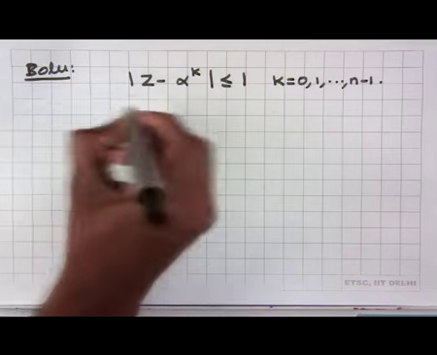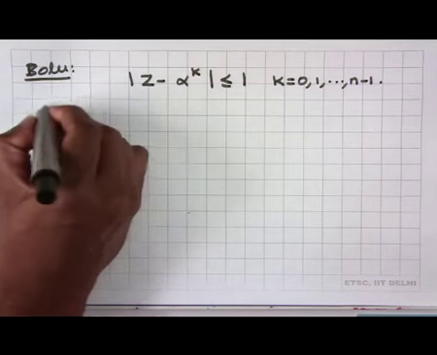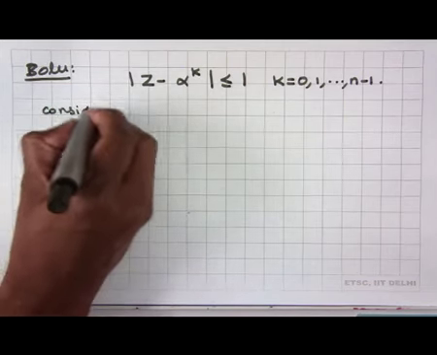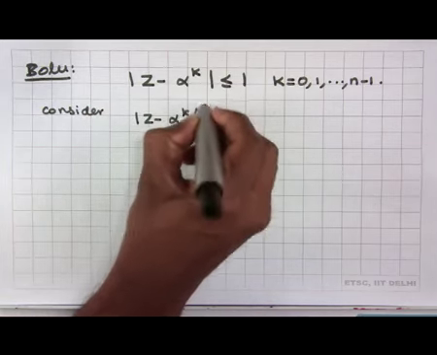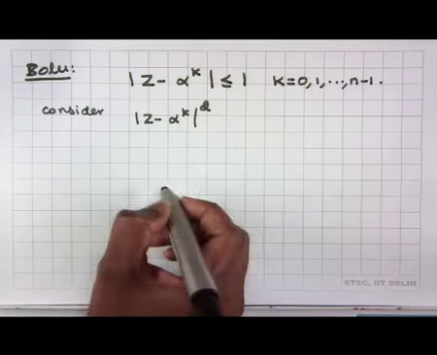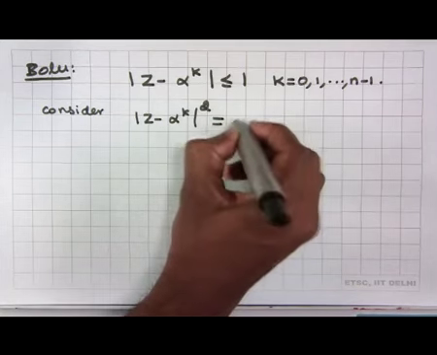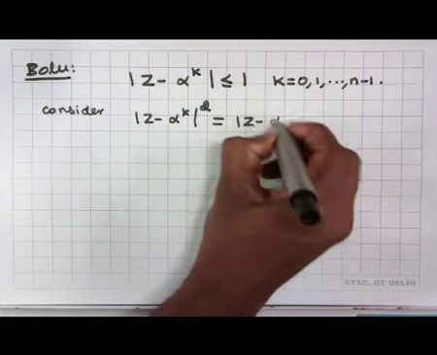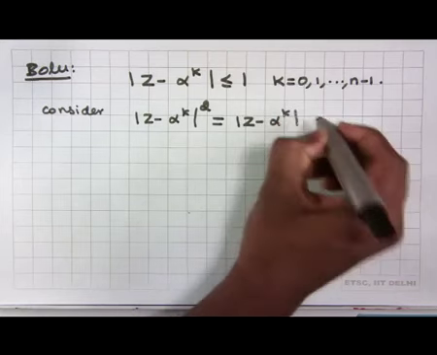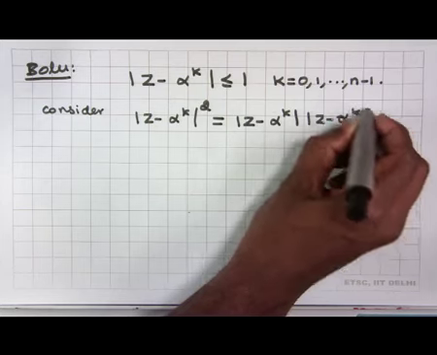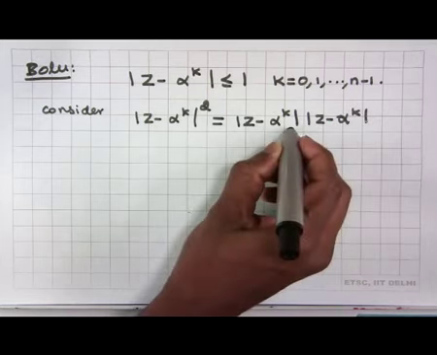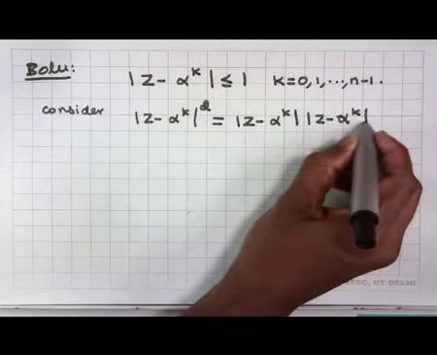Then we see that mod z minus alpha^k whose square, which is just again the product of each factor, and this term is less than or equal to 1, again this term is less than or equal to 1.